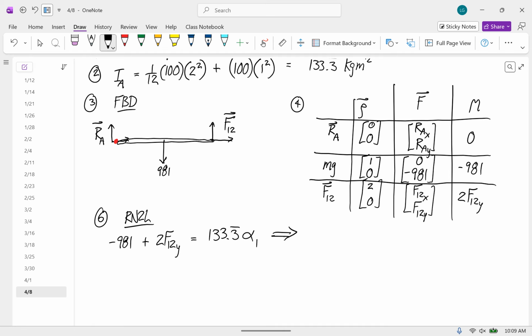And I'll write this as our first equation from the big system we're going to get. I'll rewrite this as 2F12y minus 133.3 repeating alpha 1 is equal to positive 981.